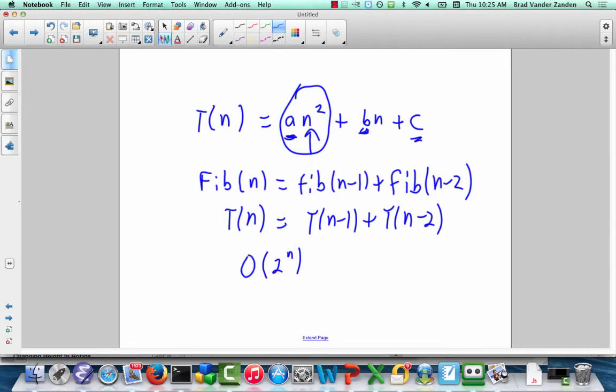2 to the n grows much, much faster than n squared, or any polynomial. Okay, and you're going to learn in 302 that there is a class of problems for which it's hypothesized that the best possible algorithm is exponential.